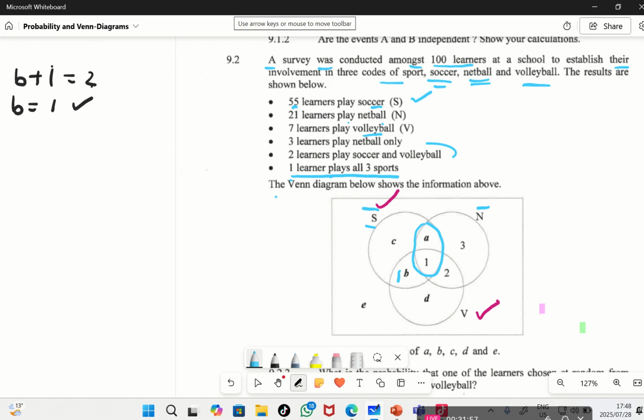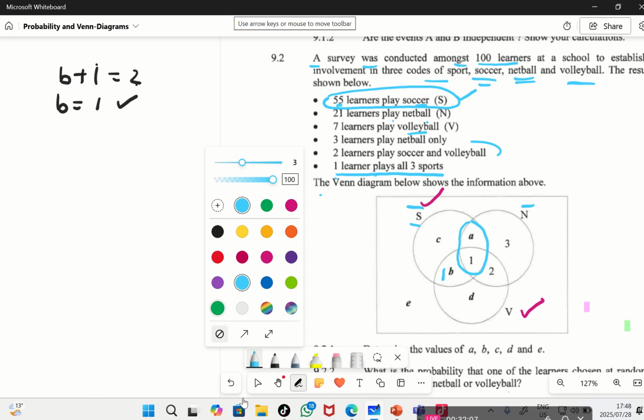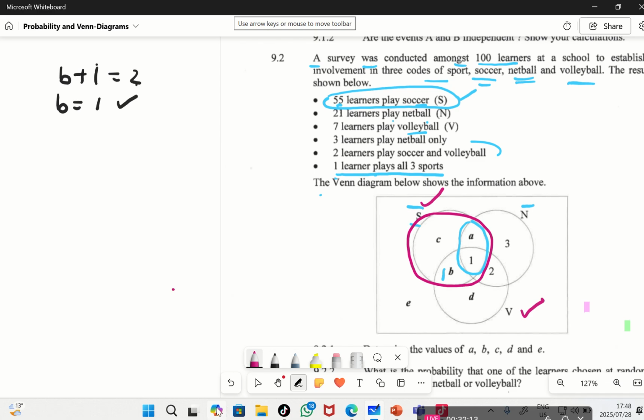We are told that there's a total of 55 learners who play soccer. So when we refer to the 55 learners who play soccer, we are referring to this. So it's A plus B plus C plus the 1 must give us 55.